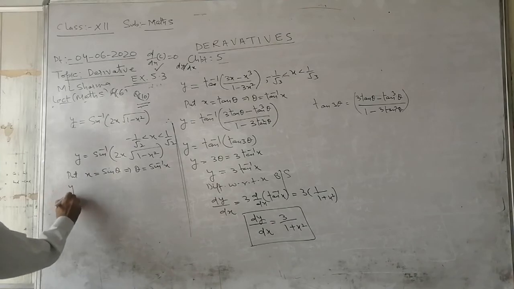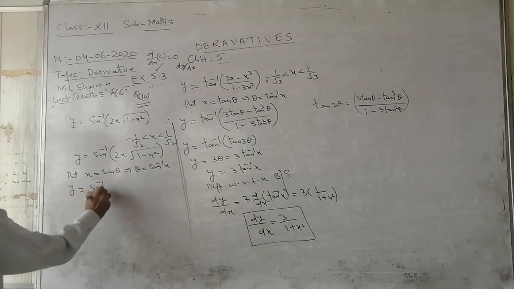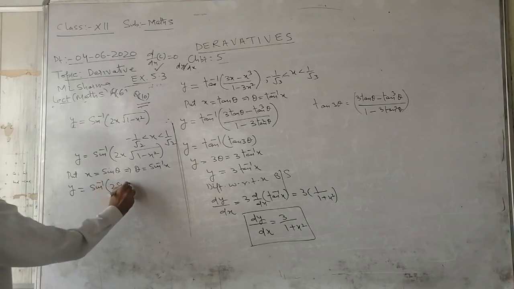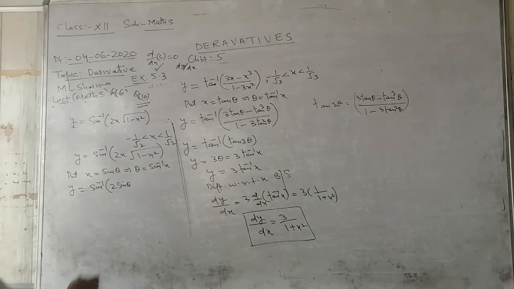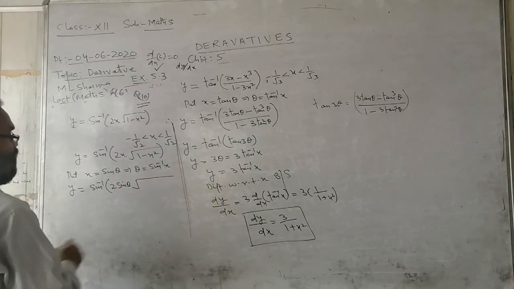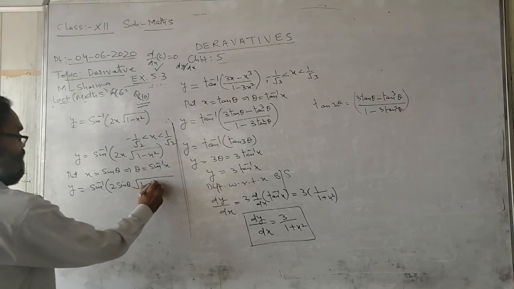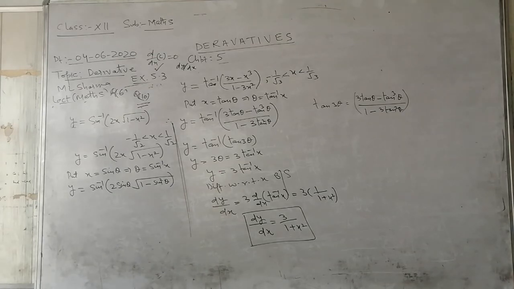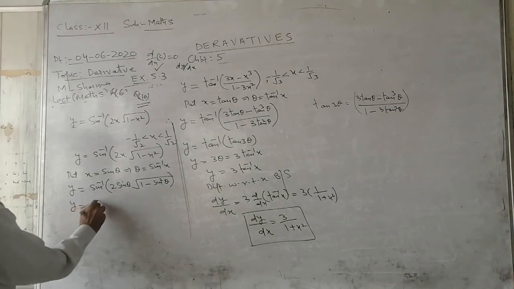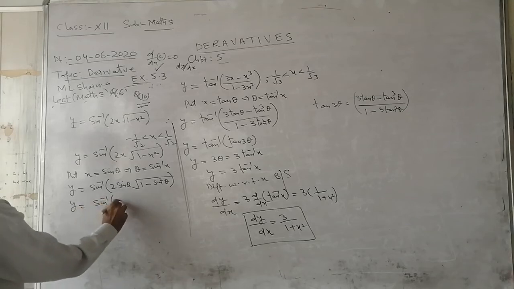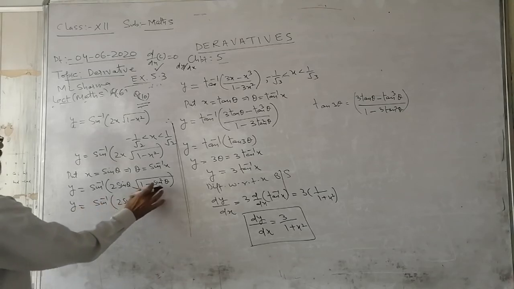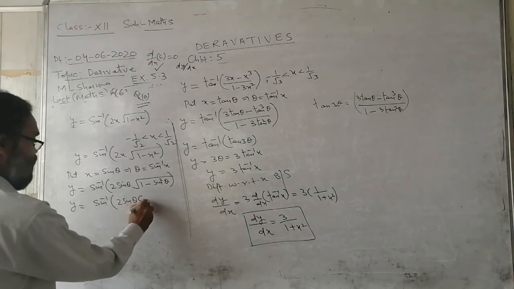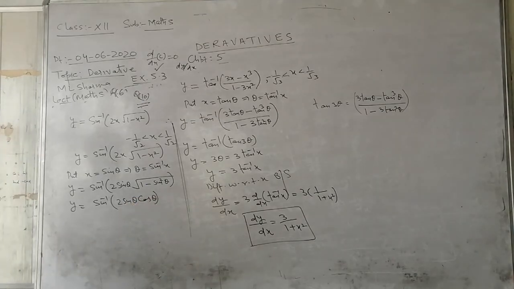So I can write y equal to sine inverse into 2, instead of x, I will write sine theta and under root 1 minus sine square theta. So y will equal sine inverse 2 sine theta, and this 1 minus sine square theta is cos square theta. So here I will have simple cos theta.